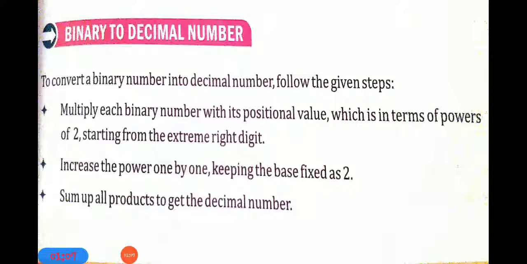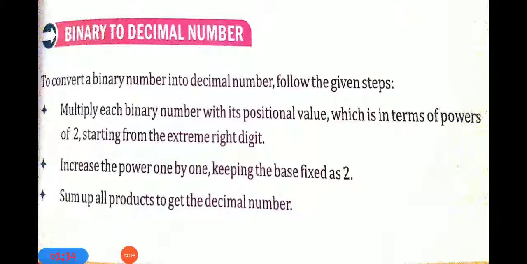First step, multiply each binary digit with its positional value, which is in terms of a power of 2, starting from the extreme right digit. We start giving positions from the right hand side.